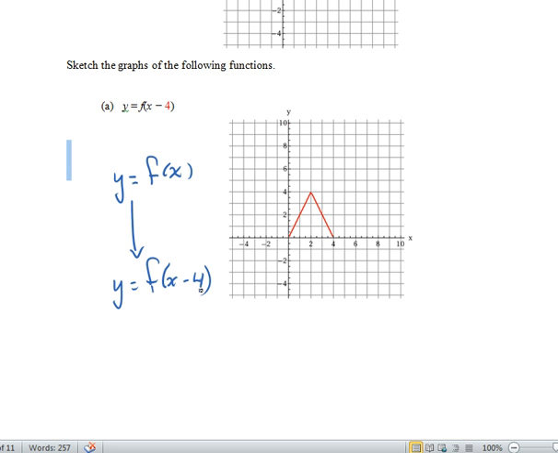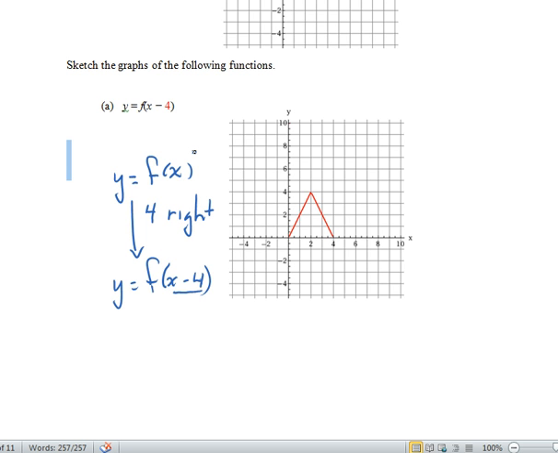The x minus 4 is the inner function, and it is going to cause the original graph to move 4 units to the right.